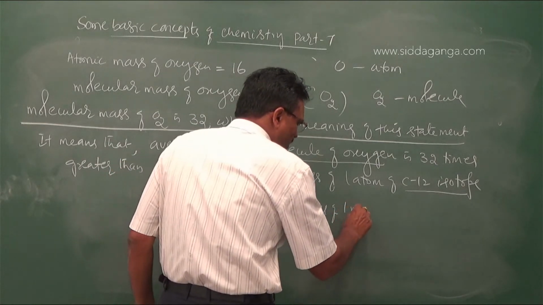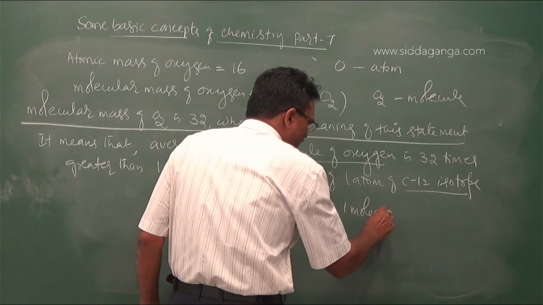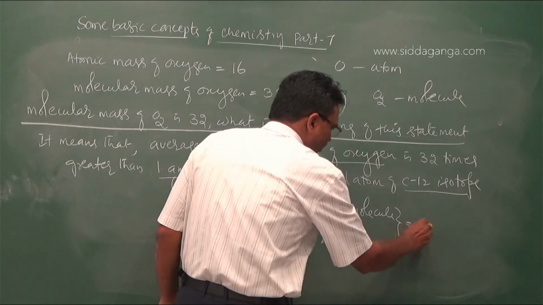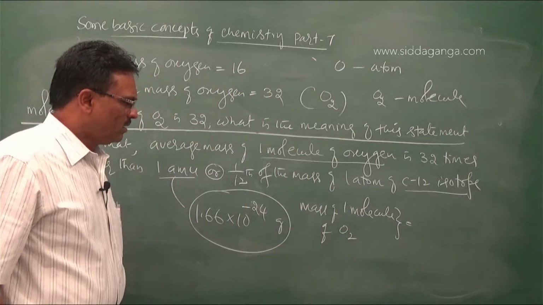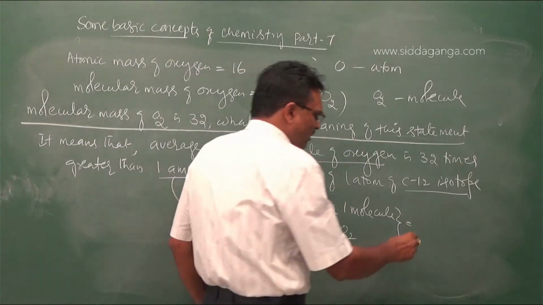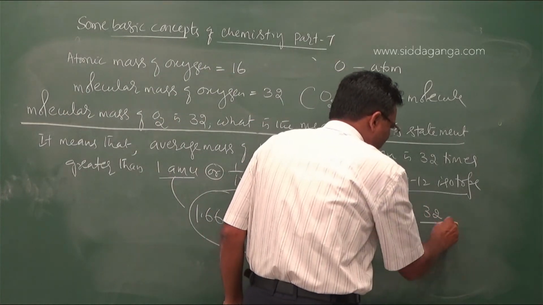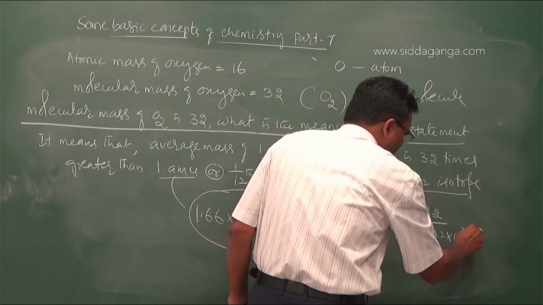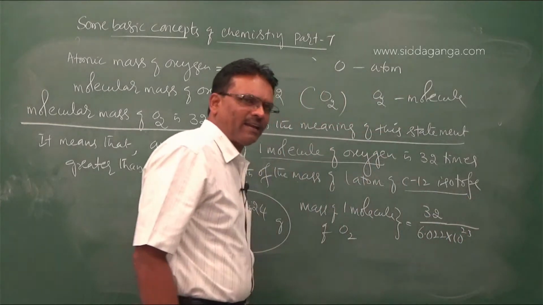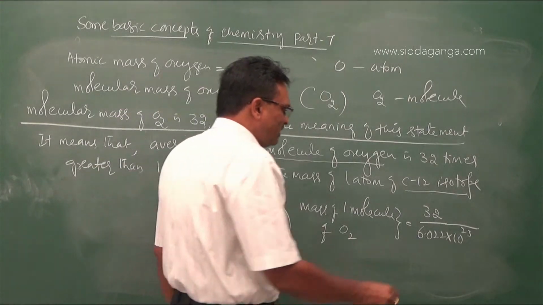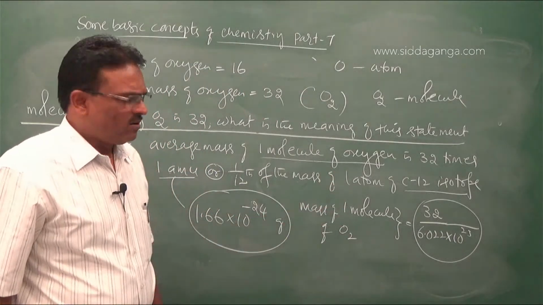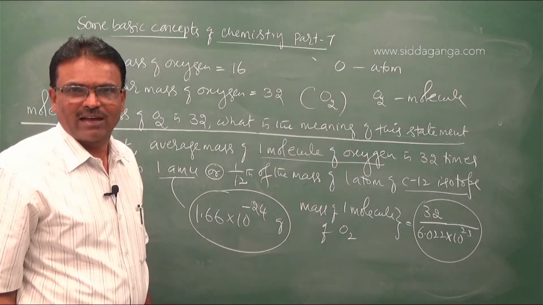Mass of one molecule of O2 is equal to 32 divided by 6.022 into 10 to the power of 23. Clear? So this value is greater than 1/12 of the mass of one atom of carbon 12 isotope.